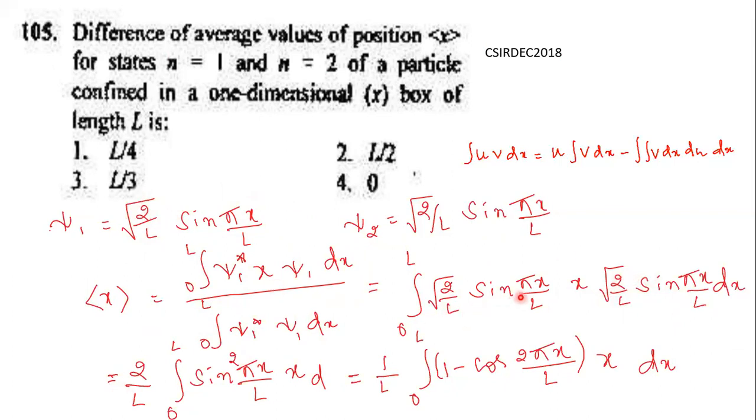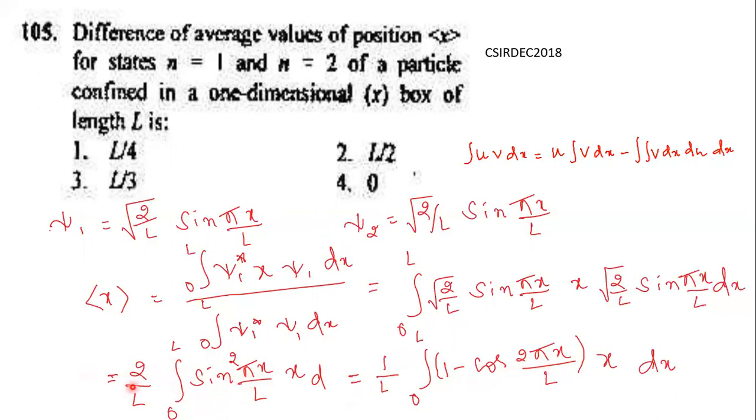Then sine pi x by L into sine pi x by L is sine square pi x by L, times x dx. Using the formula from earlier, you just take the 2 inside the integration: 2 sine square theta can be written as 1 minus cos 2 theta, where theta is equal to pi x by L.